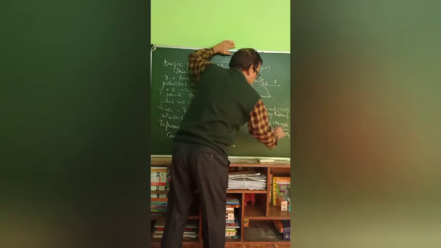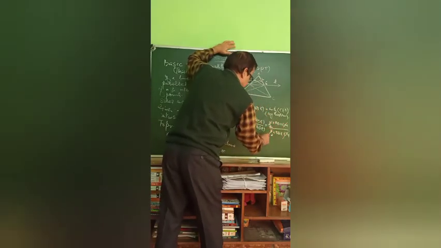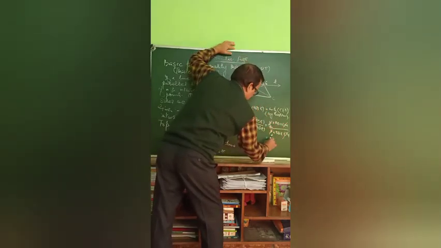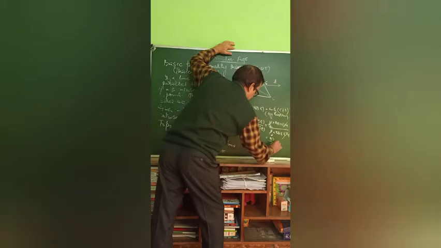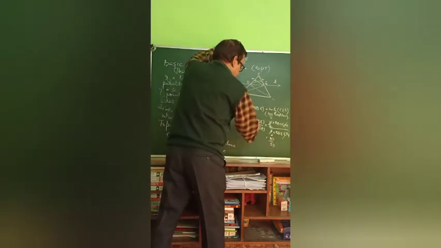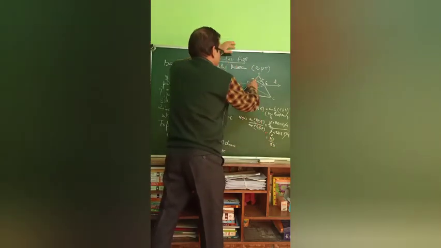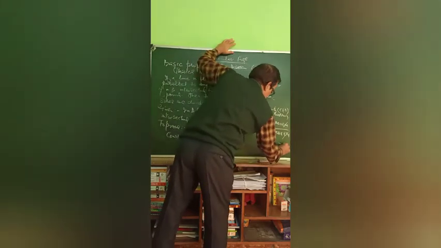This EM and EM get cancelled, this half and half get cancelled, this is AD upon BD. So area of this upon this is AD upon BD. This is condition number A.